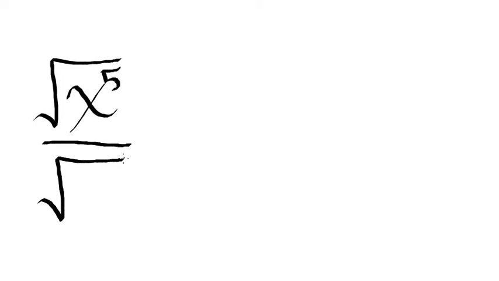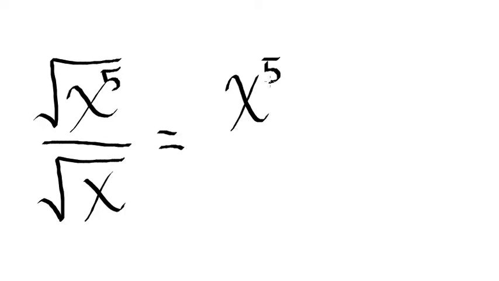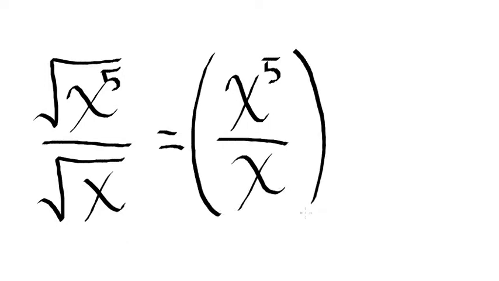What about this one? The square root of x raised to the 5th, and that's all over the square root of x. Okay, get this in exponential form. So we have x to the 5th over x, and the whole thing is raised to the half.